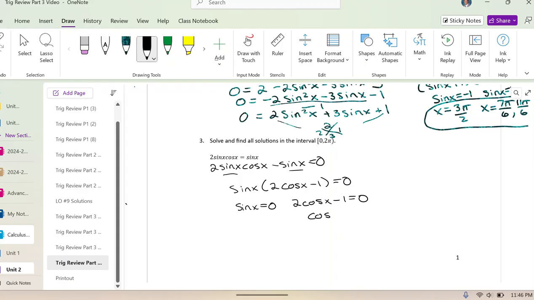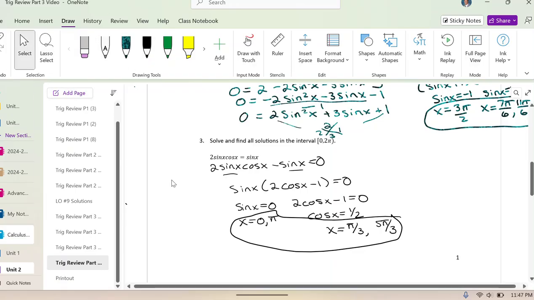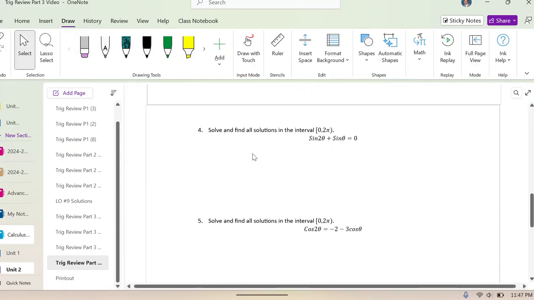So here you get cosine x equals 1/2. Sine is equal to 0 at 0 and pi. The cosine is equal to 1/2 when it's a pi over 3 angle. That's the first quadrant. And in the fourth quadrant, it's 2 pi minus pi over 3, which is 5 pi over 3. So those are your 4 angles.